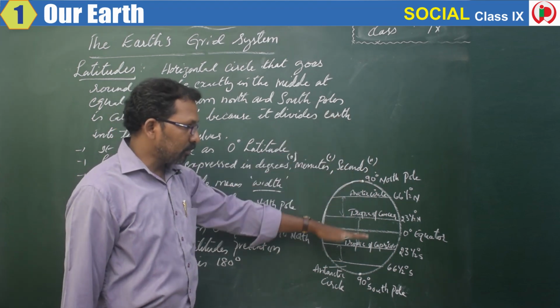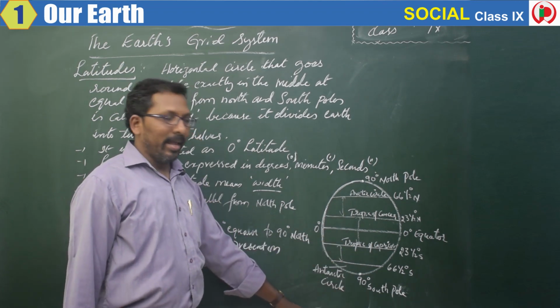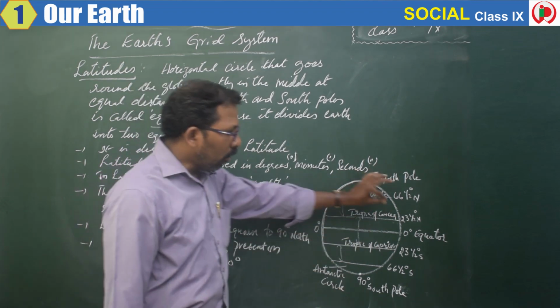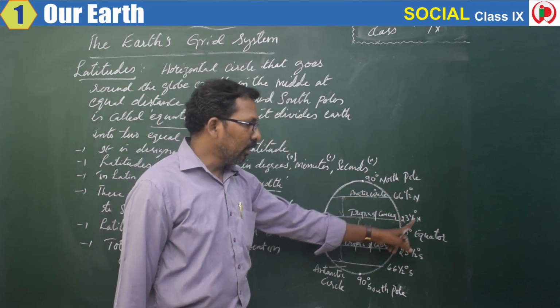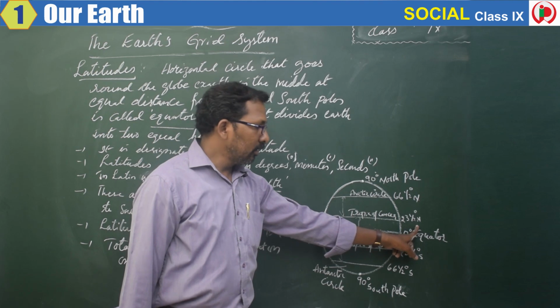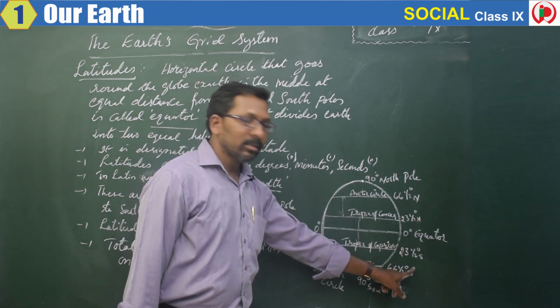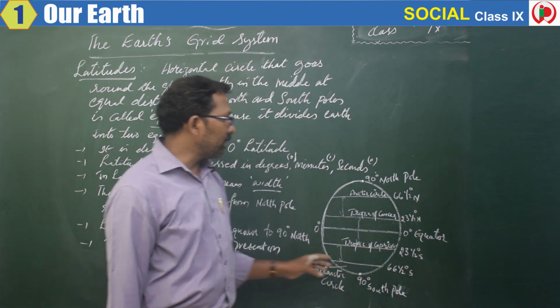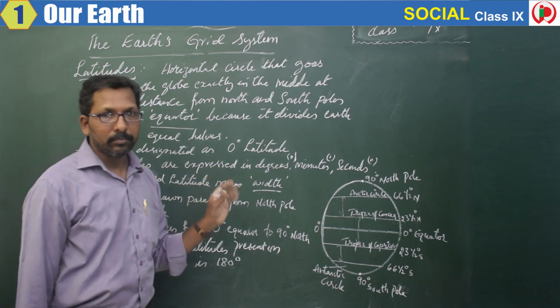The northern part is the northern hemisphere and the southern part is the southern hemisphere, and that's why all latitudes have to be designated with N or S, that is, northern hemisphere or southern hemisphere. So I hope you have understood this topic, latitudes.